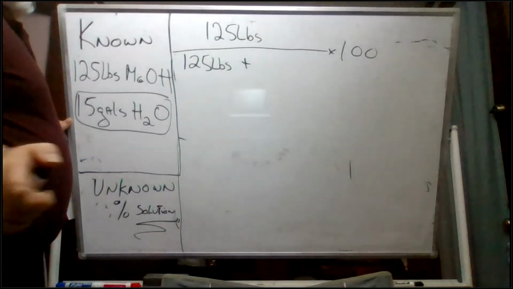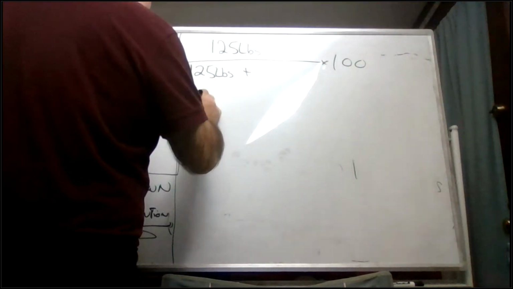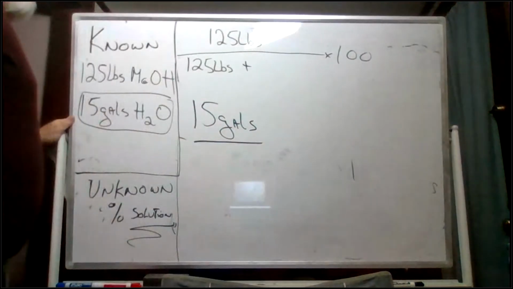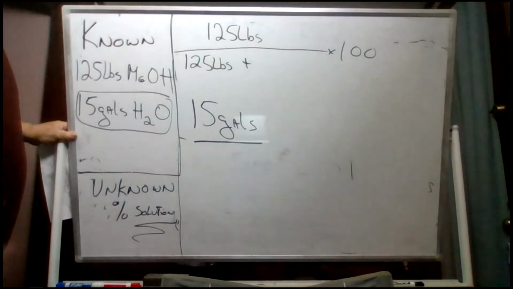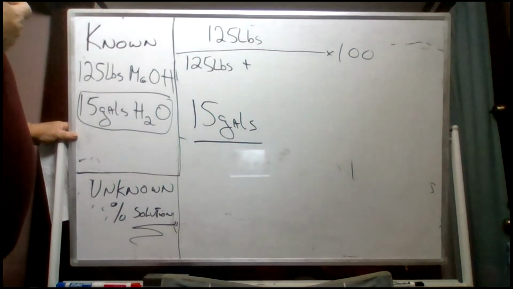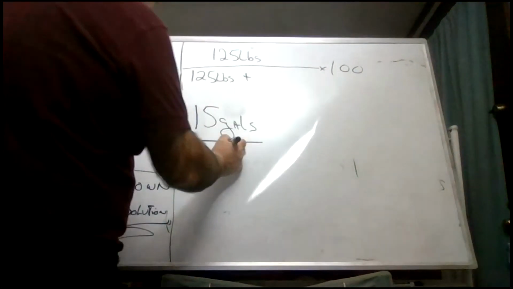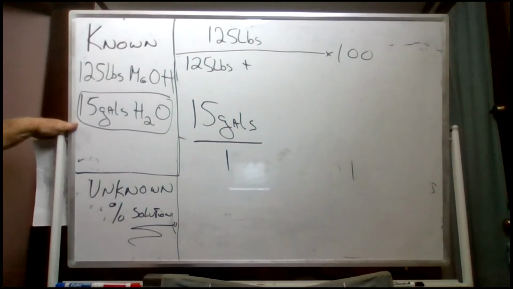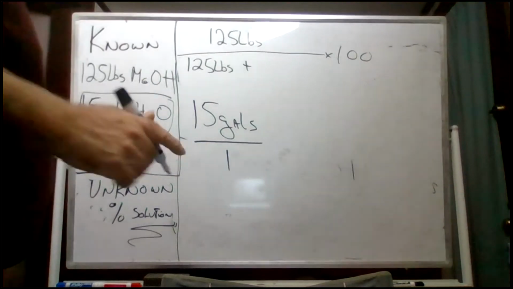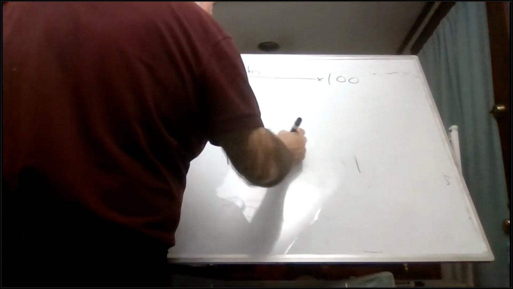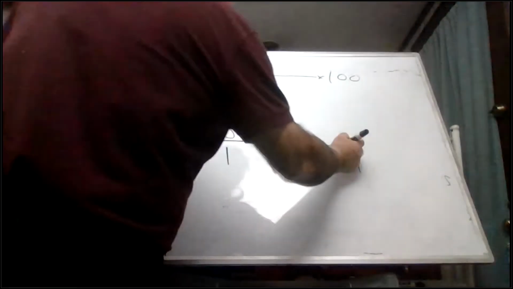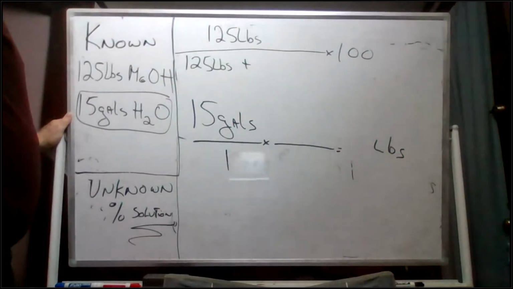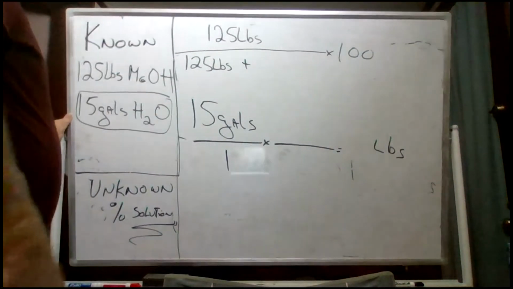Now, I'm going to be doing these conversions, so here we go. All right, so we have 15 gallons of water, right? I write the conversions this way. You can figure out your own way. This, to me, works best. You can write it with a little line, make believe it's a little fraction there, a little numerator and denominator. Now, there is a conversion, and I've said this. We have gallons. We want to get to pounds, but we don't know what those pounds are. We know that there's 8.34 pounds in every gallon.